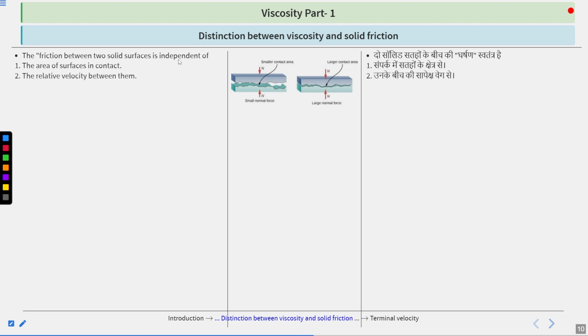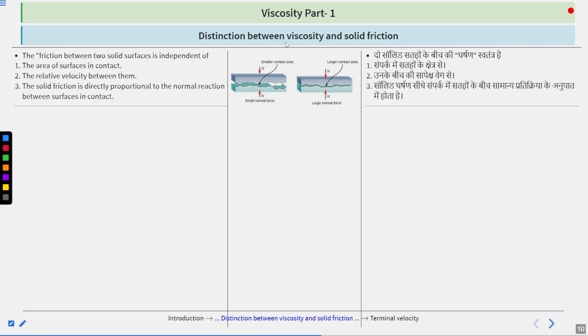The relative velocity between them is also a factor considered for viscosity but not for solid friction, because solid friction is independent of it. Solid friction is directly proportional to the normal reaction between surfaces in contact, whereas viscosity is not dependent on the reaction between the two layers.